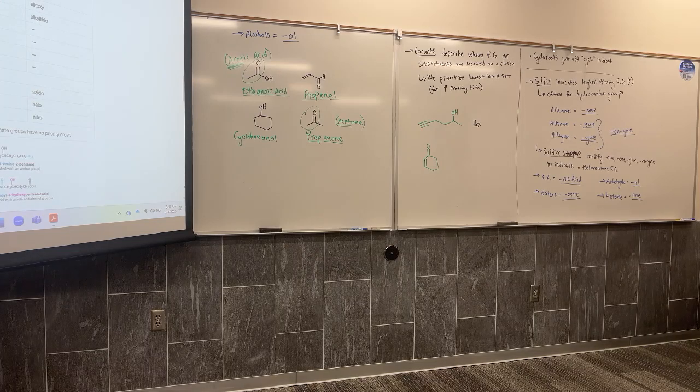From the left or from the right? That's not the best question to start with. The best question to start with is, what is my highest priority functional group in this molecule? Alcohol is my highest priority. Now, which way should I start numbering so that the alcohol gets its lowest locant?